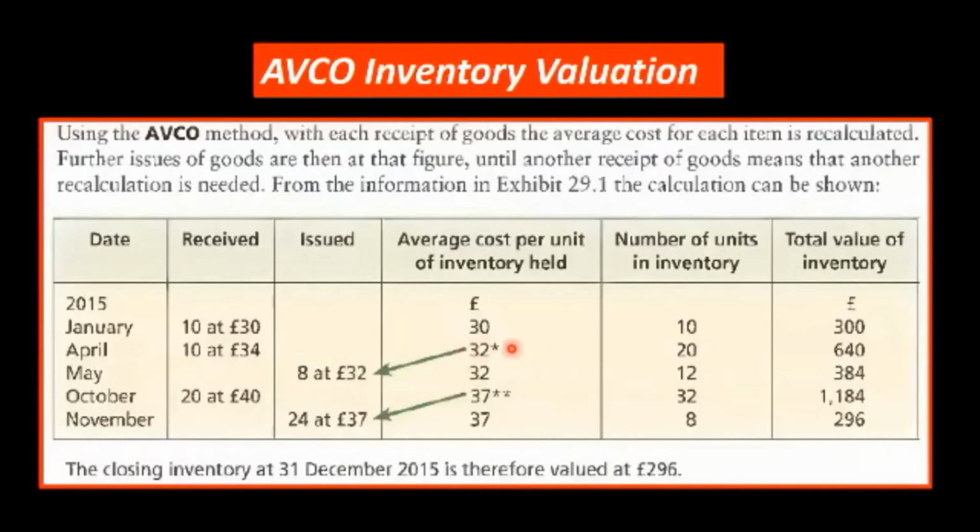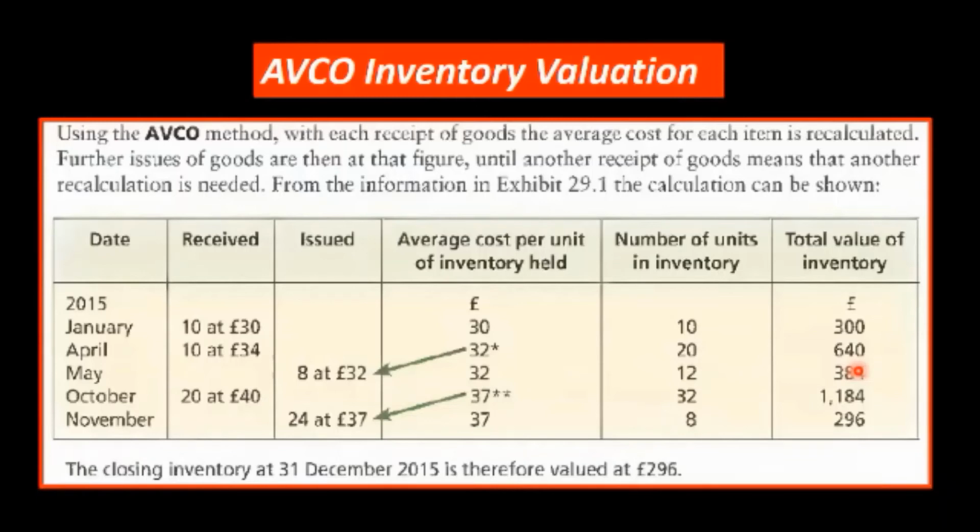And you remain with 640 minus 8 by 32, we will get 384. Or we can do it another way. From the 20, we minus 8 and we get 12. 12 by the average cost from here, which is 32. 12 by 32 is 384.